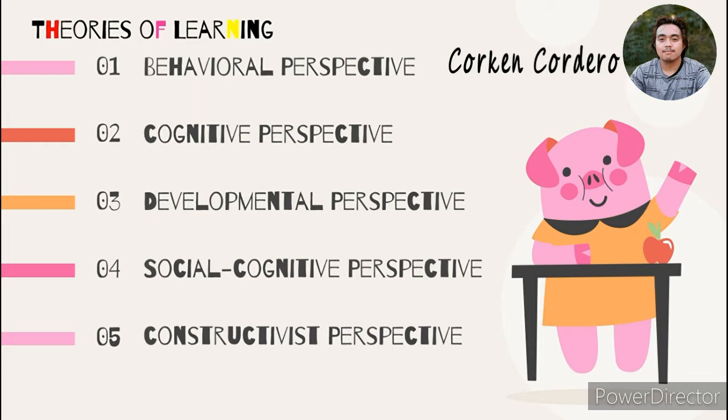So, the last theory is the constructivist or constructive perspective. This theory emphasizes the knowledge and experience of the learner, including the social and cultural determinants of the learning process.